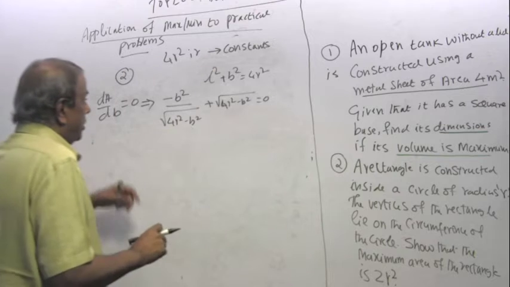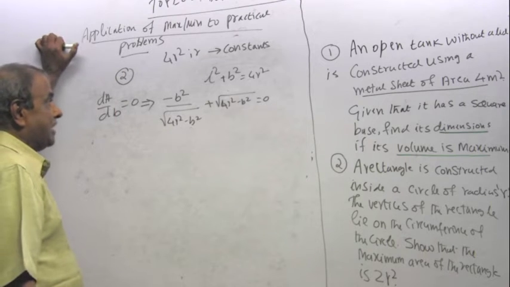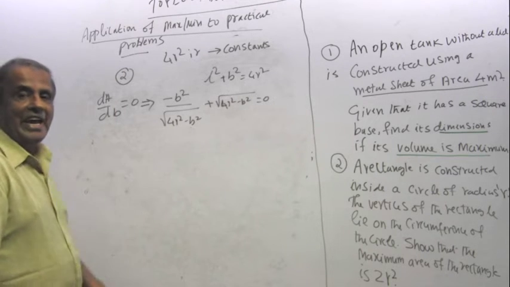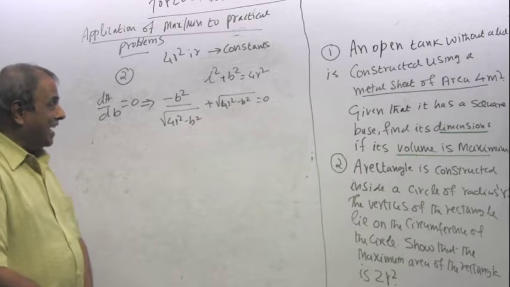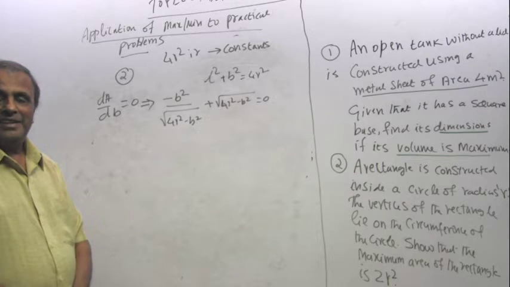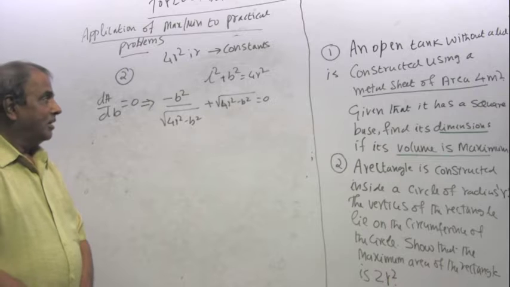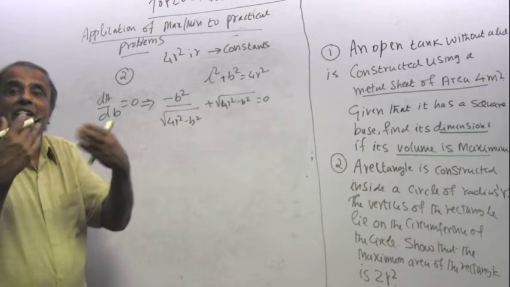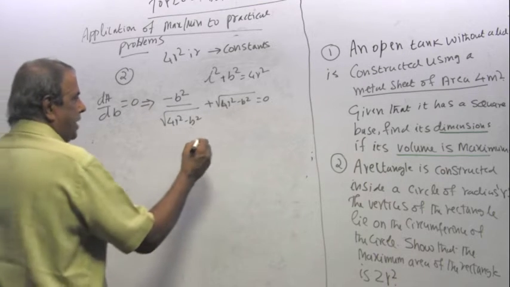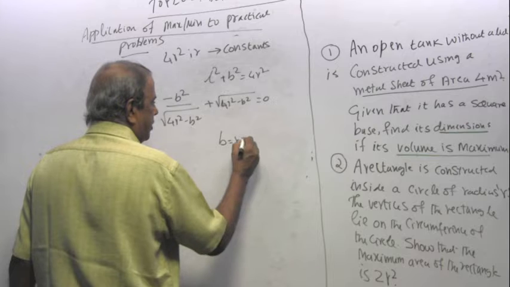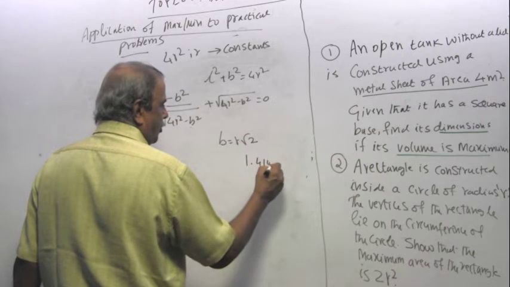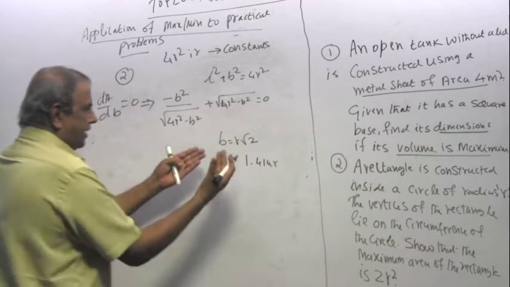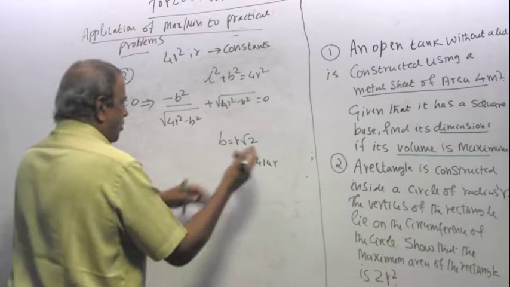Now, to differentiate this again is going to take ages, isn't it? Can you imagine differentiating that again? Going to take ages. This is where you can use gradients. B is r root 2, that is 1.414r. So I need to take a value less than that and a value more than that.